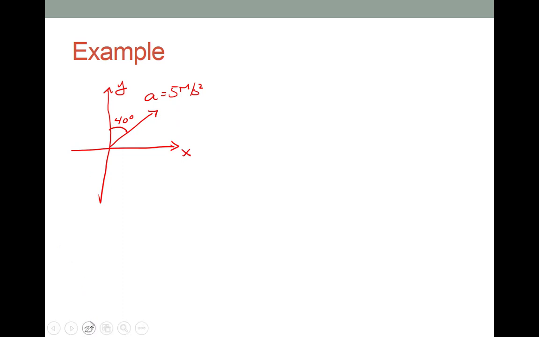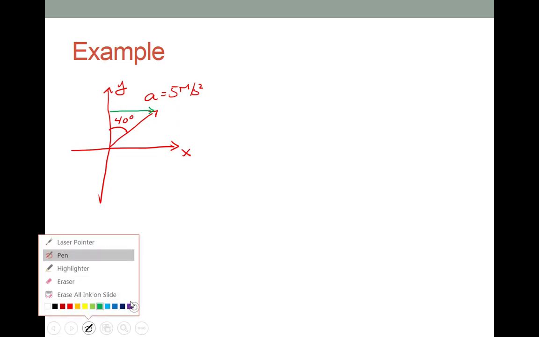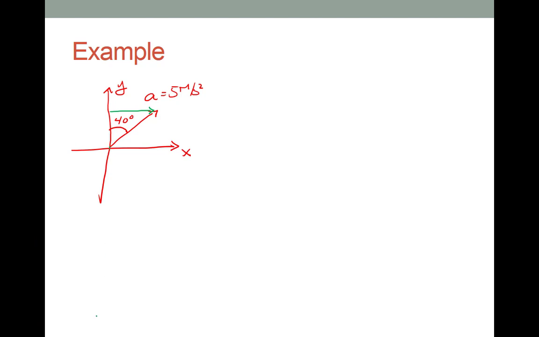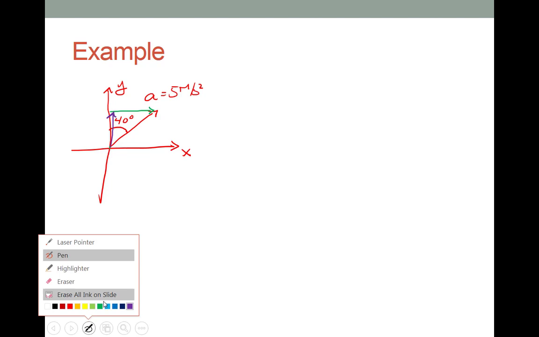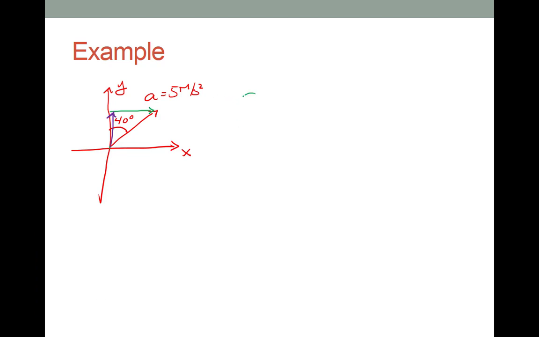Okay. So now I'm going to define my piece that is parallel to the x-axis up here, and my piece that is parallel to the y-axis over here. And now if I write, the sine of my 40-degree angle is the opposite side, but that's the side that is parallel to the x-axis, which is going to be ax.